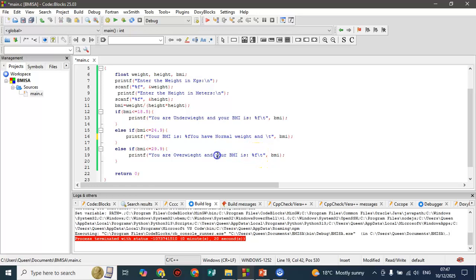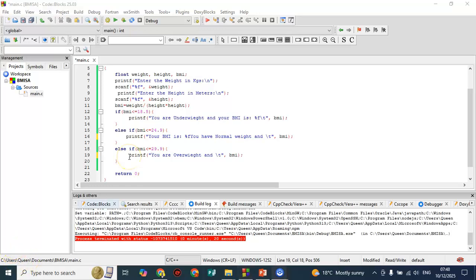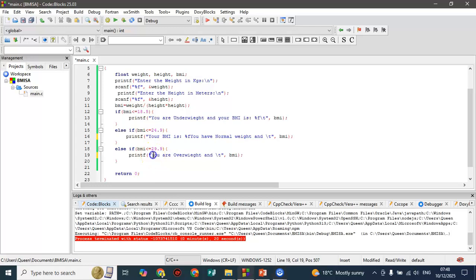So we would say, let's pick from here. So this part here would come at the beginning, where we are saying your BMI is.